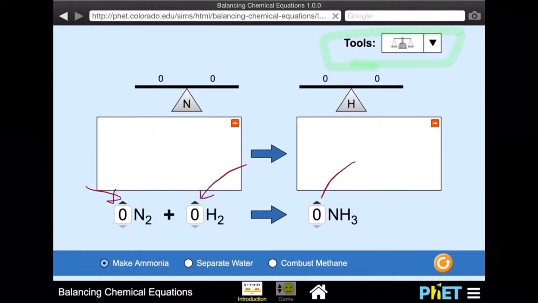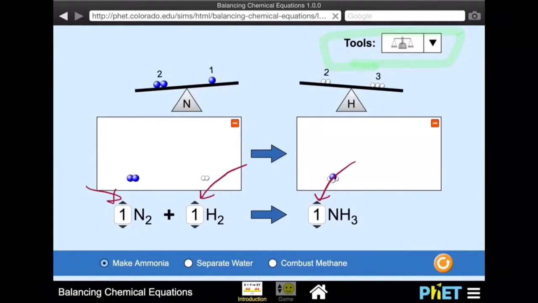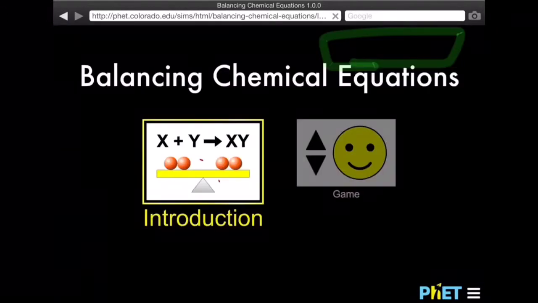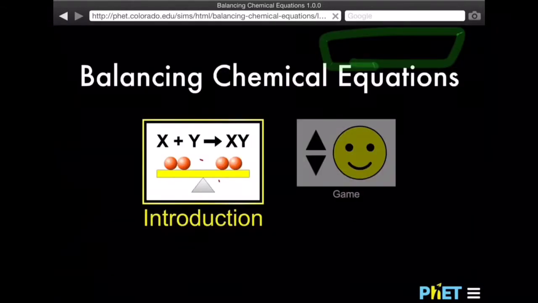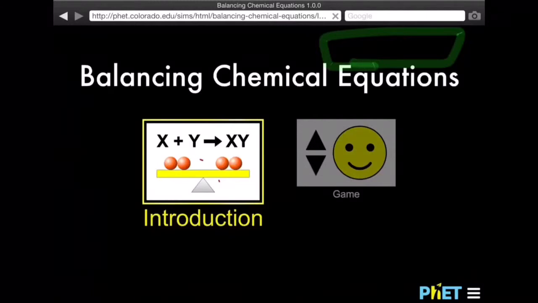Right there, right there, etc. Okay, so mine's going to reload here real quick so it kind of cleans everything off. I'm going to go to Introduction. And there we are. All right, now, so I'm going to go ahead and make sure I have one of everything.